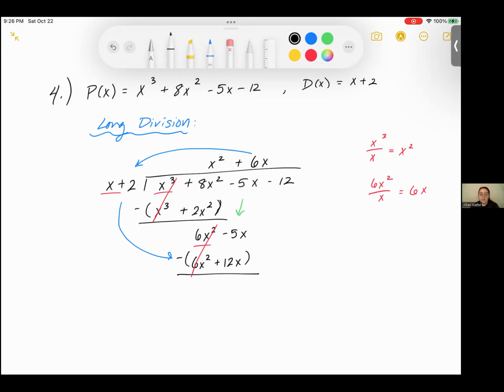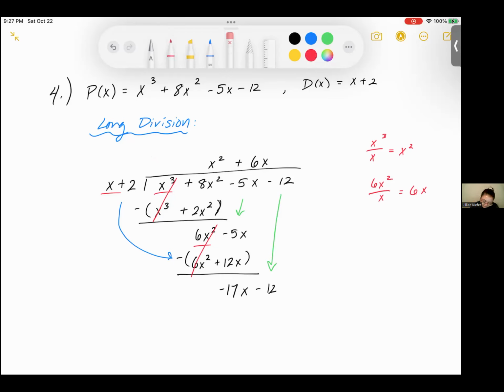The x and its potential exponents would just follow along with whatever your value was. So really, we're looking at negative 5 minus 12, which is negative 17. And x comes along for the ride. All right, so we've got a negative 17x, and we carry that last value down there, that minus 12. And we repeat everything again.